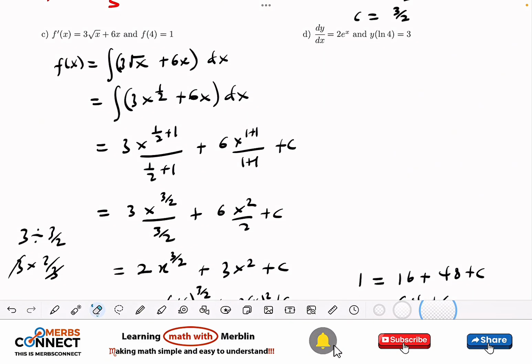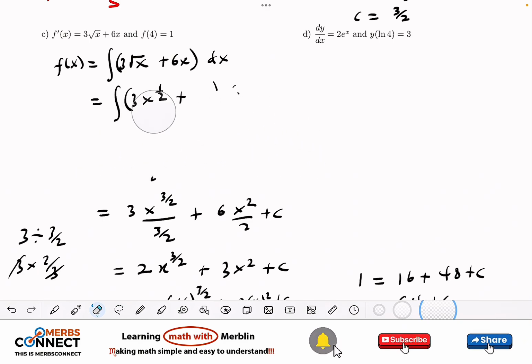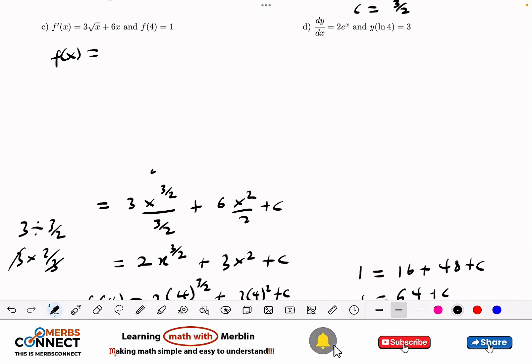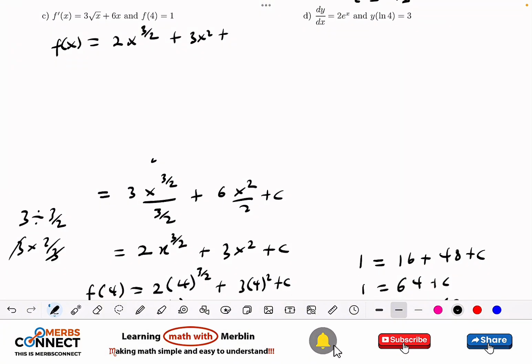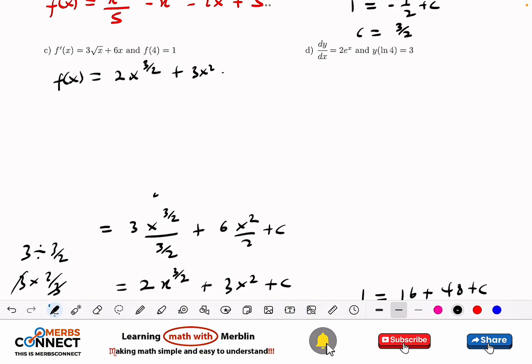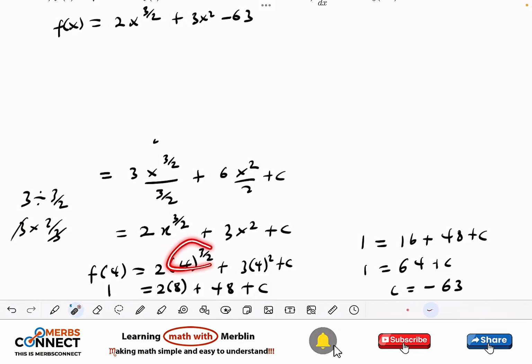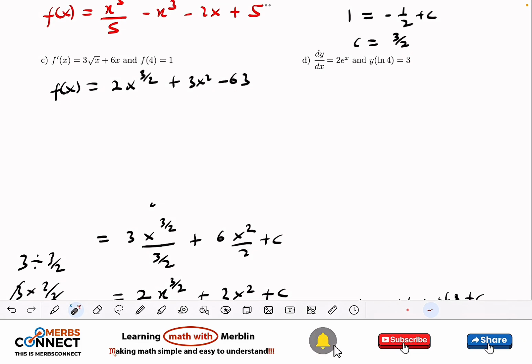So now my f of x, the function that we differentiated, is equal to 2x to the power 3 on 2 plus 3x squared minus 63. Yeah, I think this is right. Yeah, this is supposed to be 48, which is right. So this is what you are going to get at the end of the day.